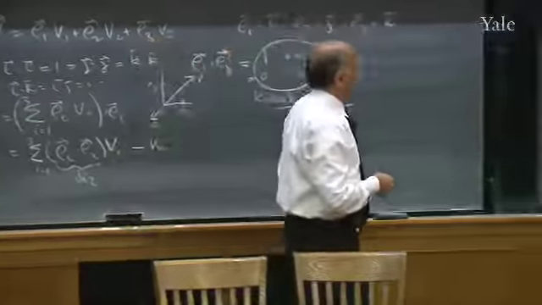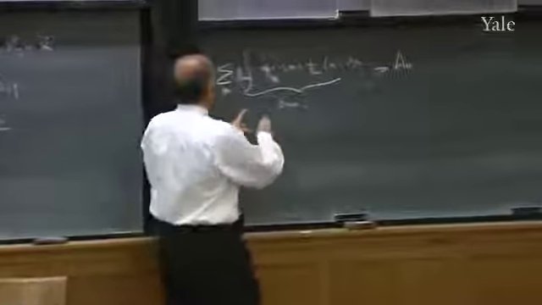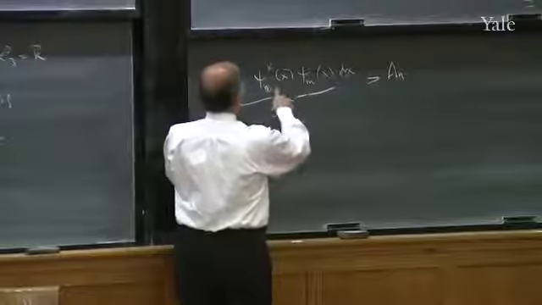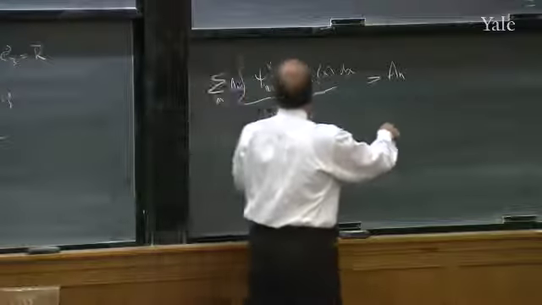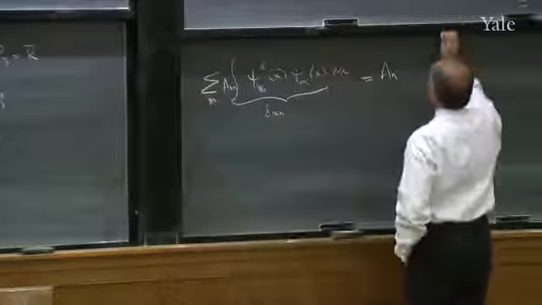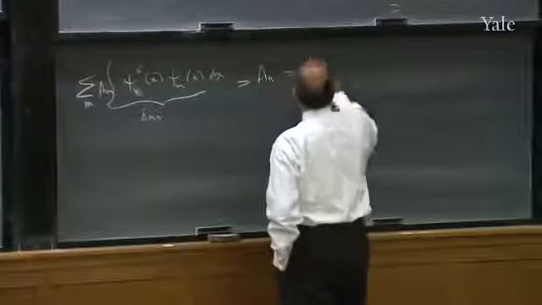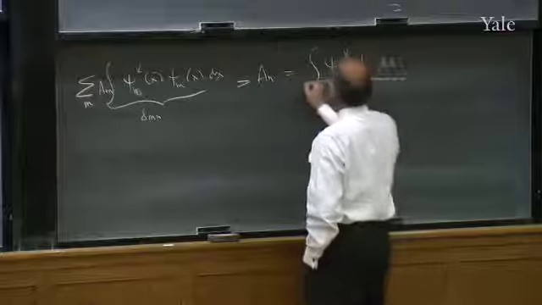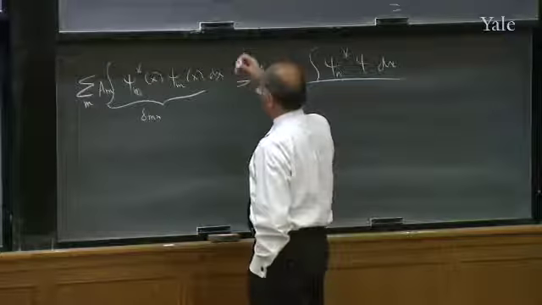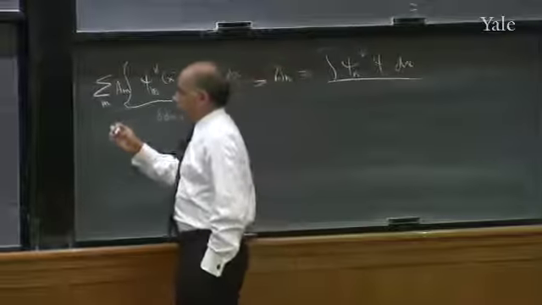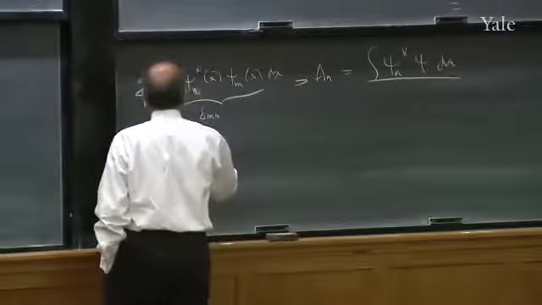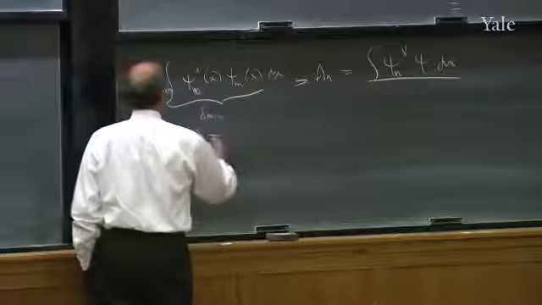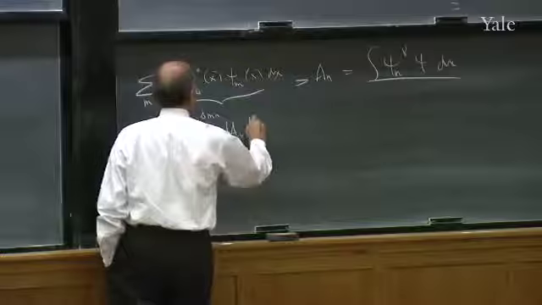The rule for finding coefficient a sub n is to do this integral of psi n star times psi dx. And once you have found the coefficients for all possible n, then the probability that you will get the momentum corresponding to m is just am squared.